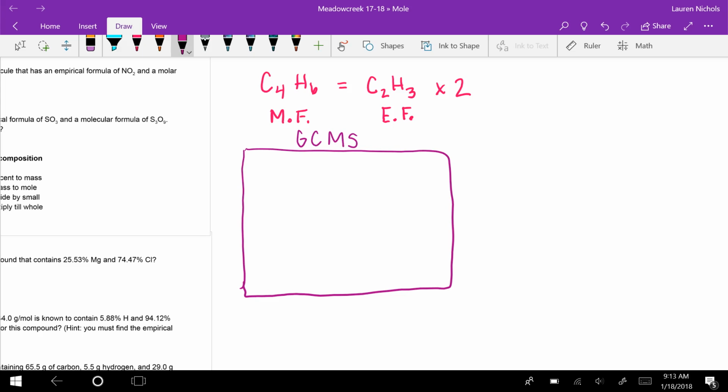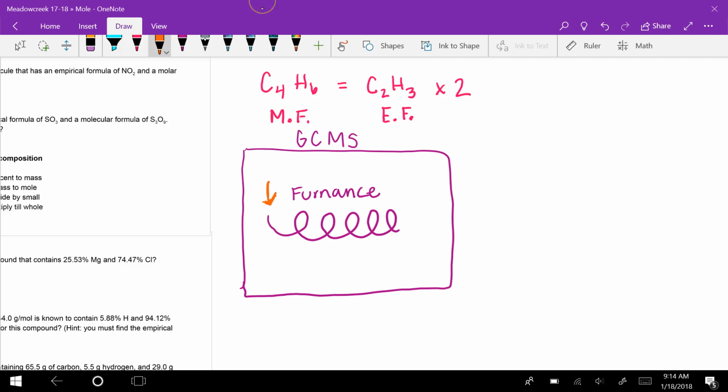Essentially what's inside a GCMS is a furnace, okay, it gets extremely hot, and inside the furnace are these coils, and what you do is you inject a little bit of your unknown compound into the coil. And let's say you inject something, you don't know exactly what it is, it's this unknown, but what happens is it gets superheated and it spreads out by mass.